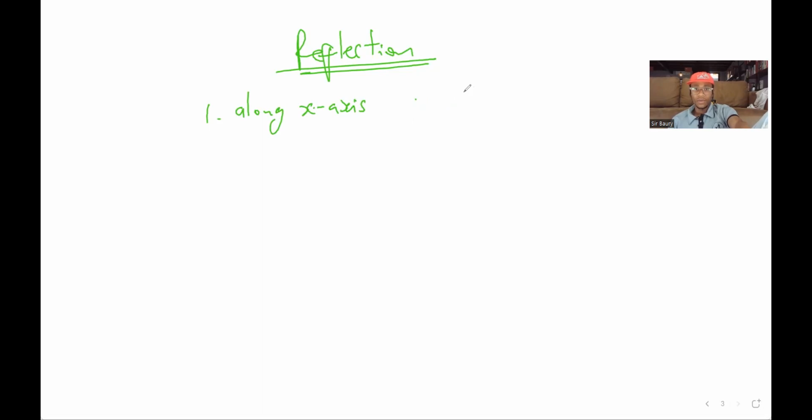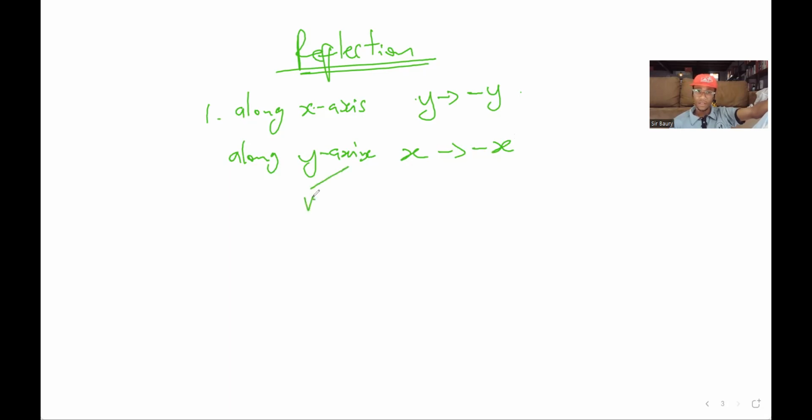Before giving you the example, you should know that y becomes negative y. That's what changes. Then if it's along the y-axis, then x becomes negative x. It changes sign, so it doesn't necessarily mean that it becomes a negative. Along the y-axis can be along the vertical, and the x-axis, horizontal. They like using these terms, but it's the same thing.